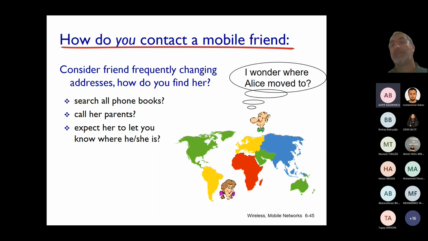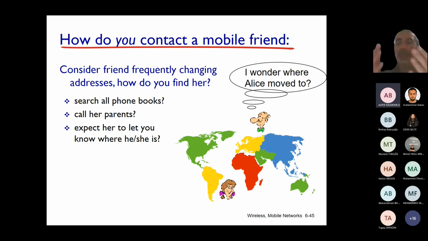Okay, so how do you contact a mobile friend if you don't have a cell phone? Assume that your friend is frequently changing addresses. How do you find her? In the past, we had phone books. Now, you guys, I think you don't remember.